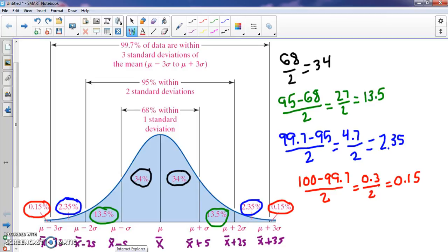So that's how we get the 34, the 13.5, 2.35, and 0.15%. So that's a summary of the empirical rule.